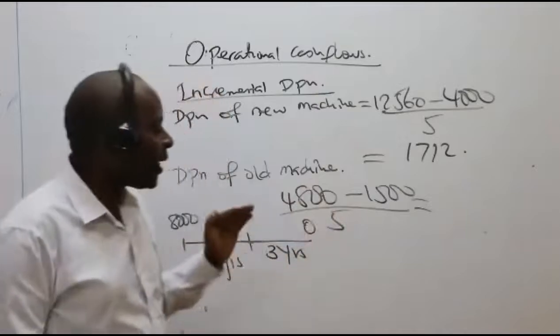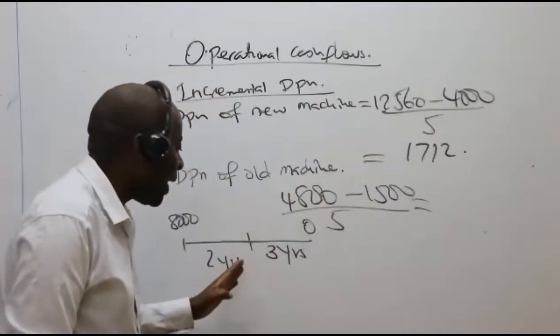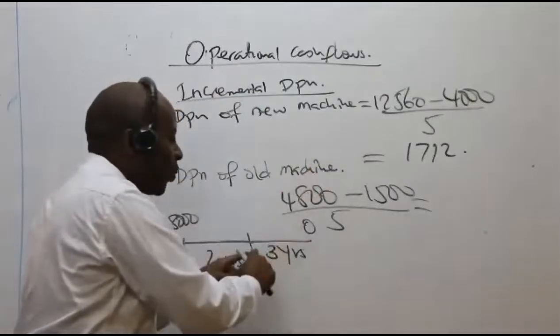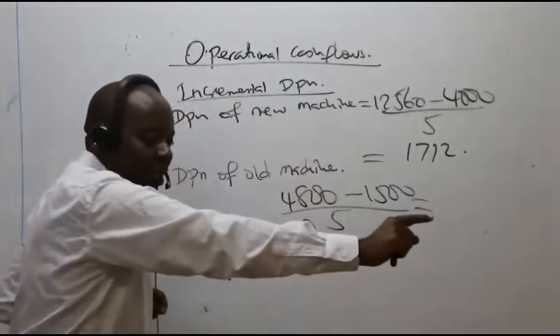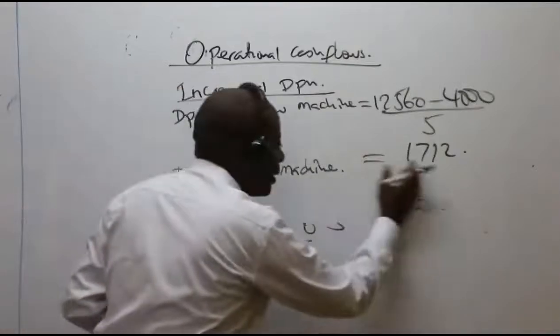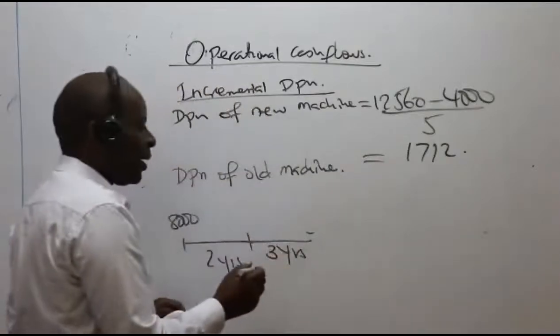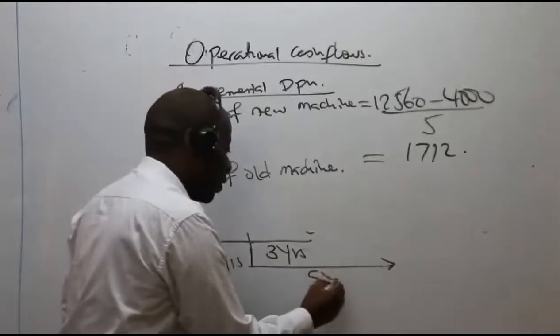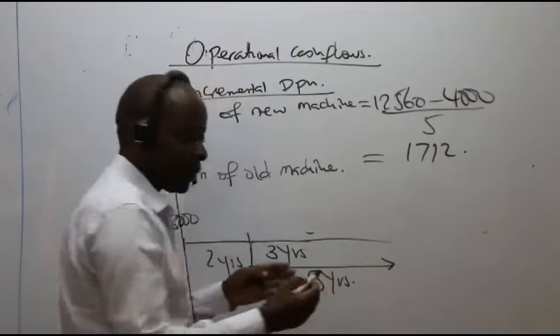So because the old machine's period is 3 years instead of 5 years, we have to get away from that by elongating it. We have to revalue it. In terms of revaluing this, we got to find an estimated 5 more years.